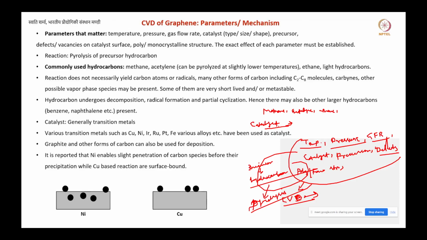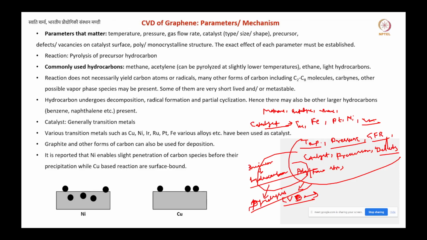When you see the periodic table, there is a list of transition metals, but here mainly we can use copper, iron, platinum, nickel, iridium, ruthenium, and many more, and various alloys can also be used as a catalyst.